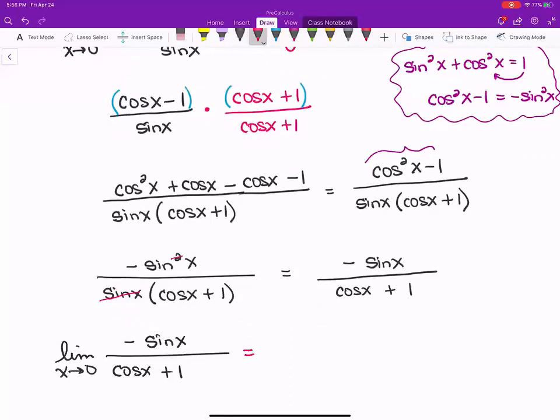So sine of 0 is 0. So I don't need to really write the negative. So already I'm a little bit nervous. All right, cosine of 0 is 1. This is 0 divided by 2. All right, so as long as it's not 0 divided by 0, no issues. 0 divided by anything is always going to be 0 unless that number is 0. So that limit came out to be 0.